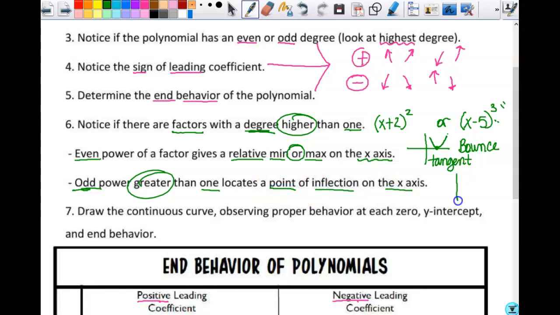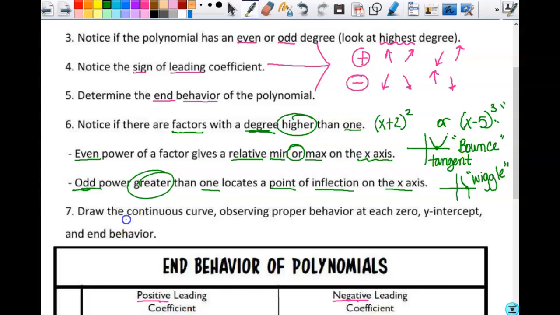So that means it would look like this, and that's where my little point of inflection would be. So this is our bounce. We call this a wiggle. Obviously not the exact terms. This is a point of inflection, and this is tangency, but to help you think about what you're actually drawing, you have bounces and wiggles, okay?